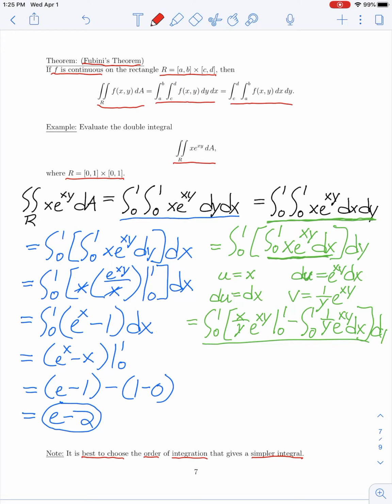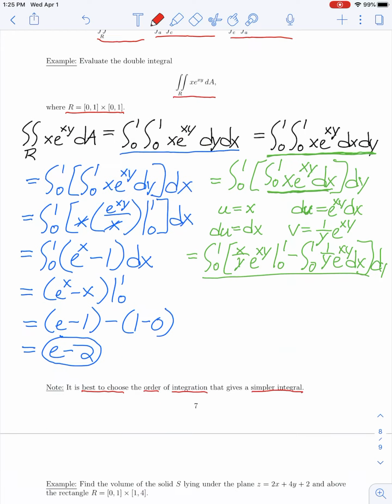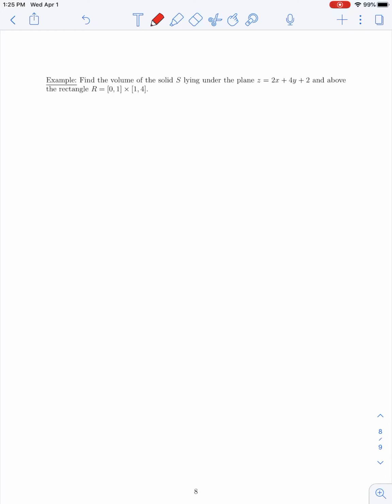And depending on what type of function we're working with, we can see which order of integration would be the easiest to work with. So let's look at some other examples of evaluating these double integrals using iterated integrals.